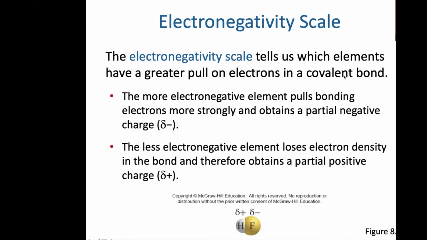The electronegativity scale tells us which elements have a greater pull on electrons in a covalent bond. The more electronegative element pulls bonding electrons more strongly and obtains a partial negative charge. The less electronegative element loses electron density in the bond and therefore obtains a partial positive charge.